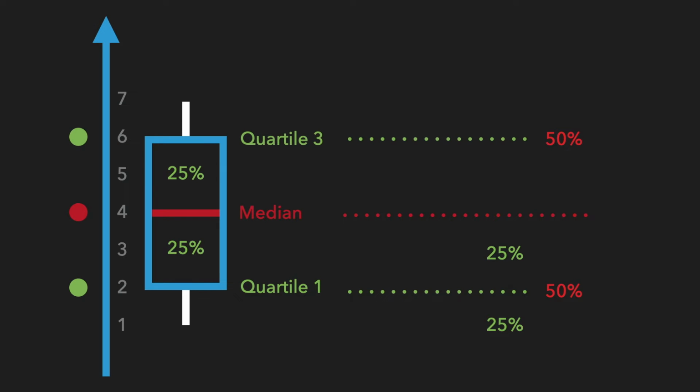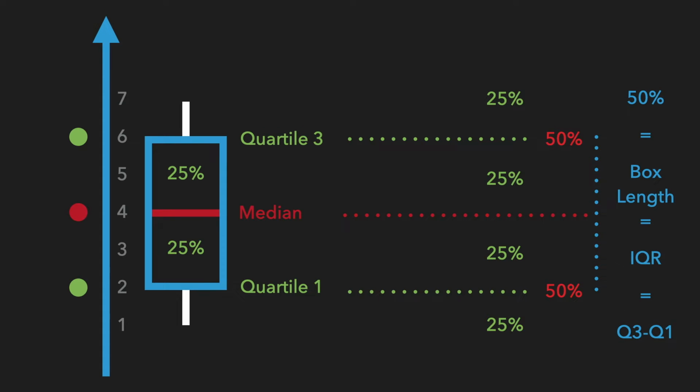The third quartile, or Q3, is the highest horizontal line or hinge of the box, and it is larger than 75% of the data and smaller than the remaining 25% of the data. It is also known as the upper quartile.